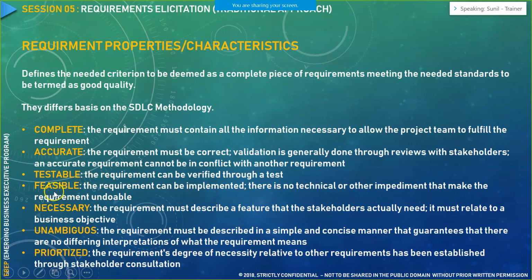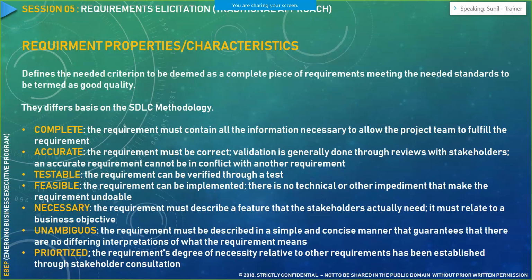Now next comes your feasible. Feasible is like, you don't write any requirement which is not feasible to implement. Now what are the requirements which are not feasible to implement? Typically the non-functional requirement, wherein you may write requirement like the system should improve performance. Now what do you mean by improve performance? Performance improvement should be having a necessary criteria that should be quantifiable.